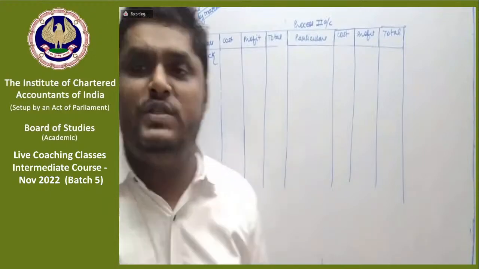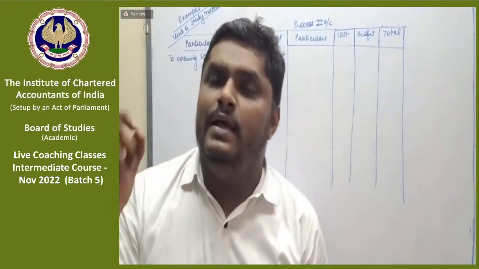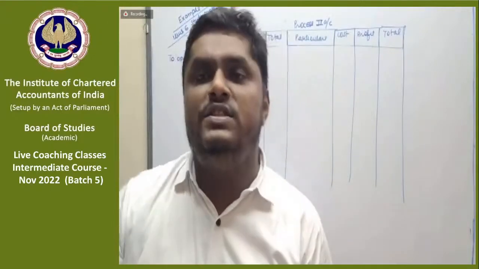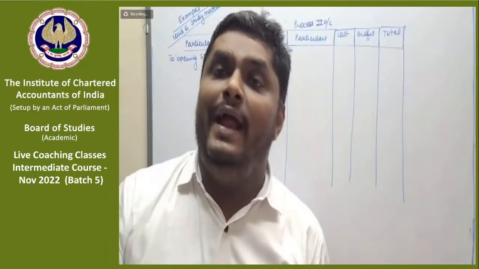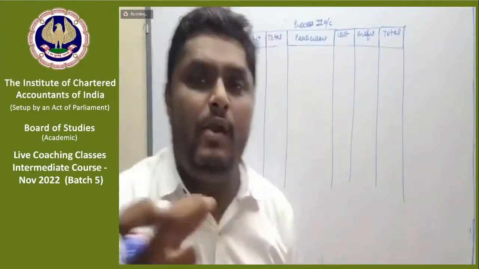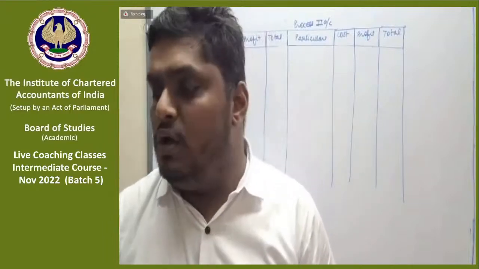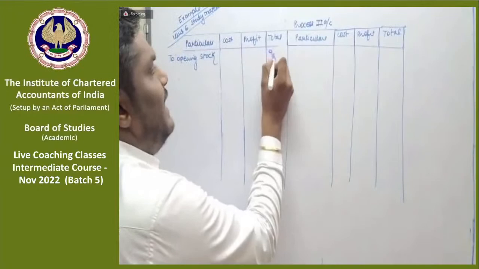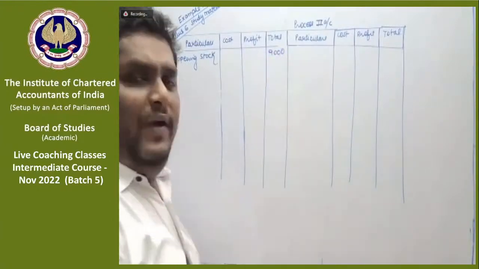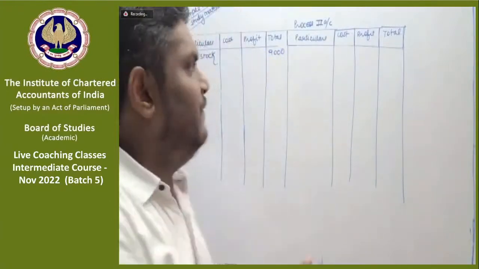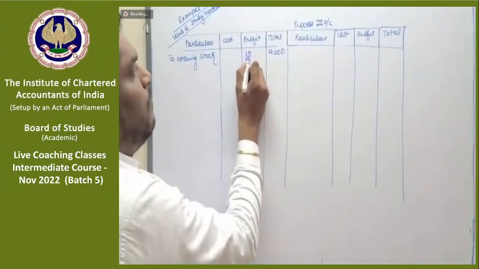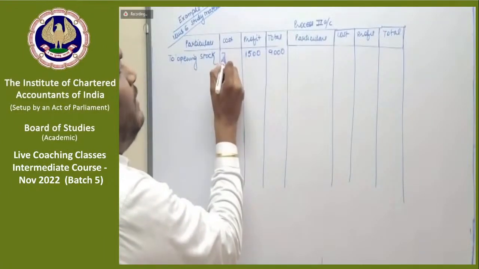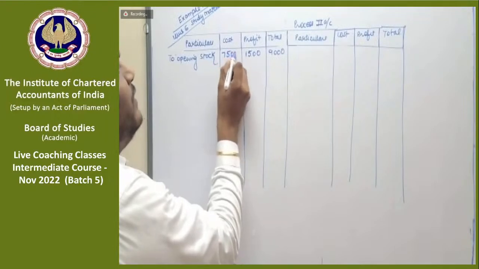Now, since it is process second, the output of process first is transferred to process second at cost plus profit. So there will be some profit element in opening stock also, and it is given. The total amount is 9,000. The profit involved in opening stock is 1,500. So the final value in the cost is 7,500.